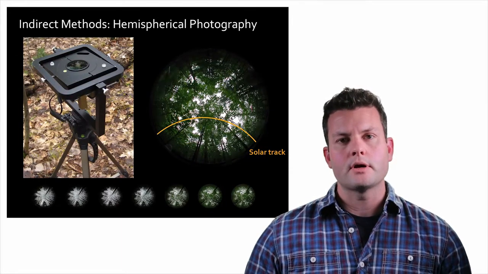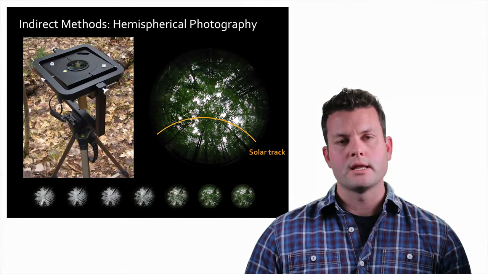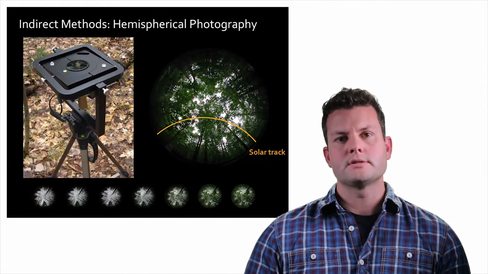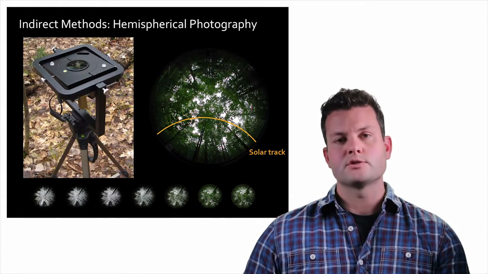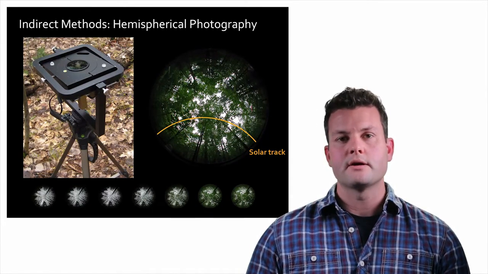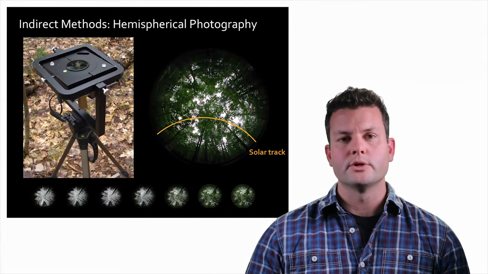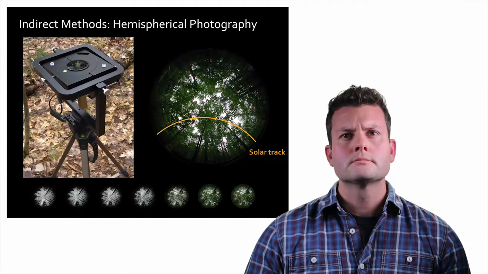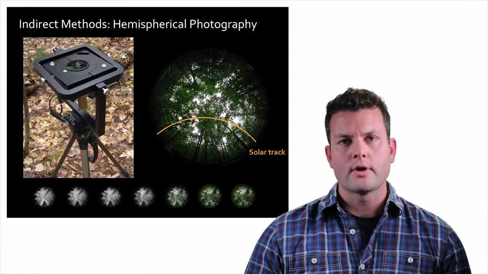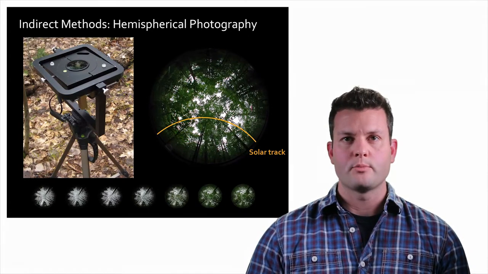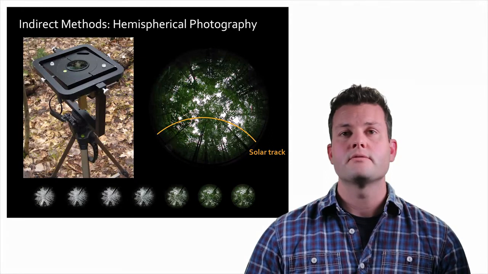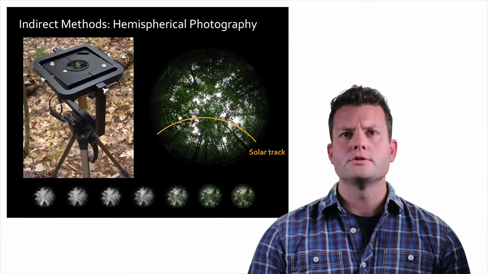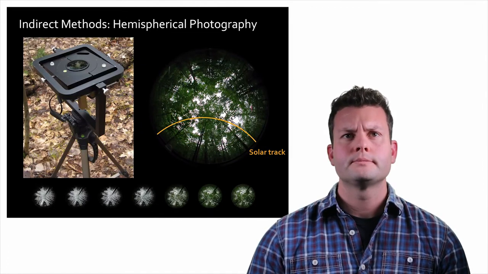And that might be very important if what we're interested in studying is how leaf area index is related to sun flecks, is related to light transmission, and how that affects light availability to understory species. And there's a whole variety of other variables that people have come up with ways of extracting from hemispherical photographs other than just leaf area index.